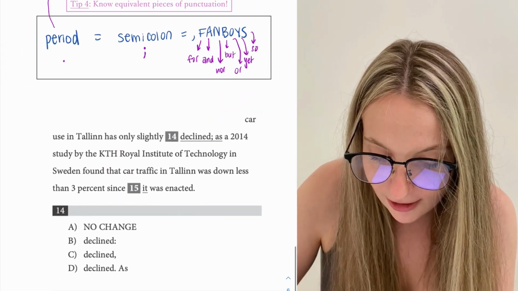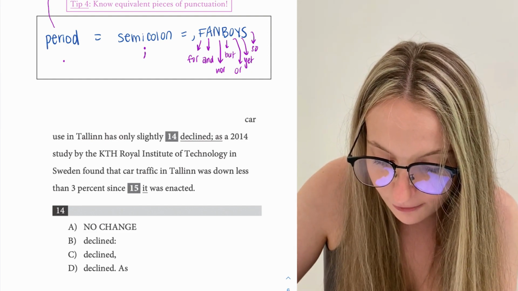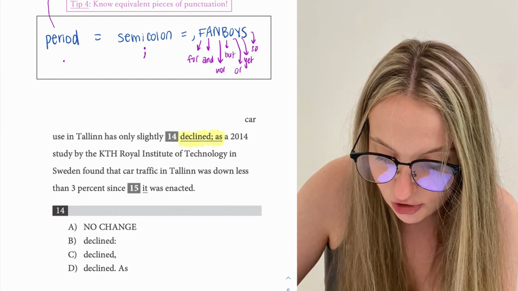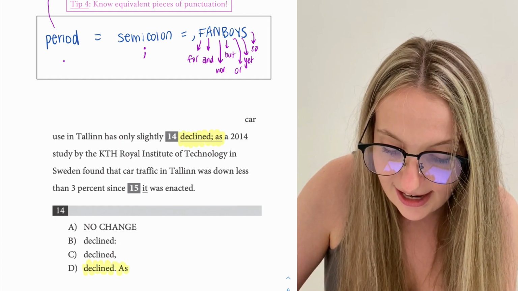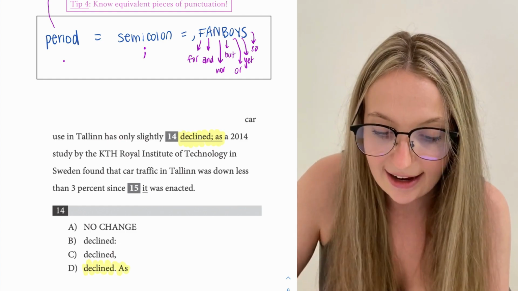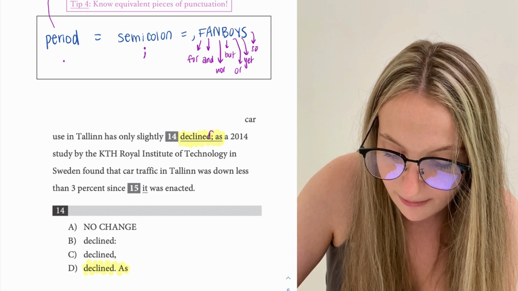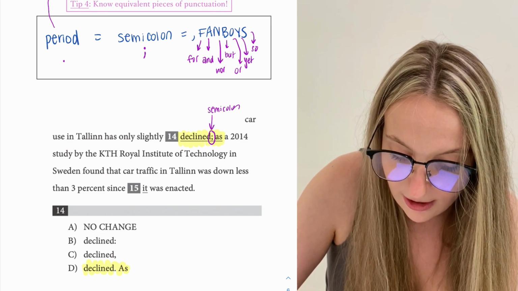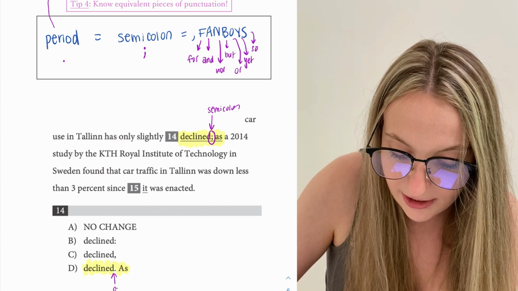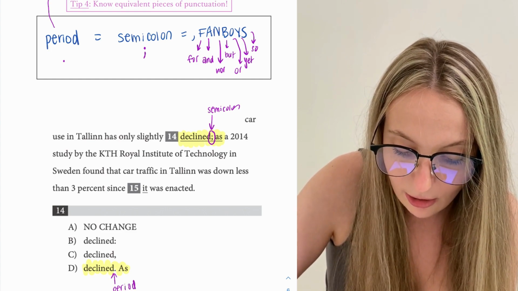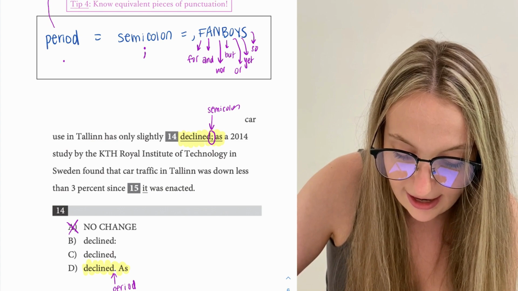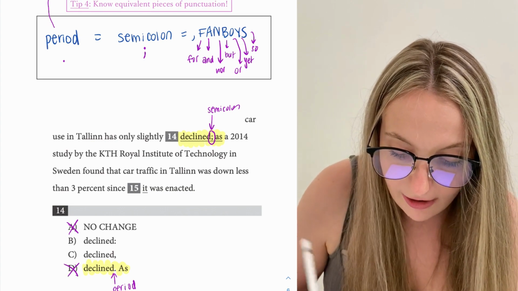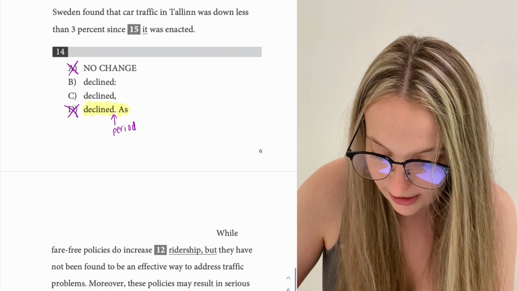So when we check out question 14, I can see that the phrasing of choice A, no change, and D is exactly the same. It's declined as, and I can also see that there's equivalent pieces of punctuation because this one has a semicolon, and then choice D here has a period. So automatically, I would go ahead and knock out choices A and D. Alrighty, so that is good here.